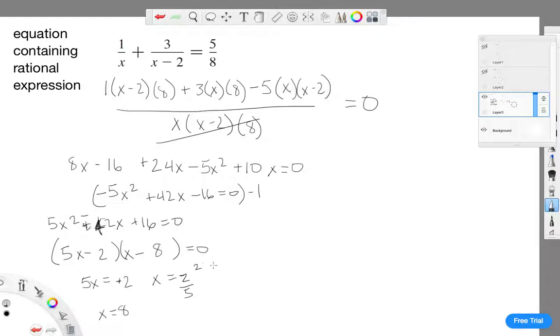So in my opinion, that's the easier way to do it, but let's complete the square since that's what we're doing today. So we've got 5x squared. Let's start with this equation here. 5x squared minus 42x plus 16. Well, we had an example earlier where we had to take the first term, take that a, and get it down to 1.